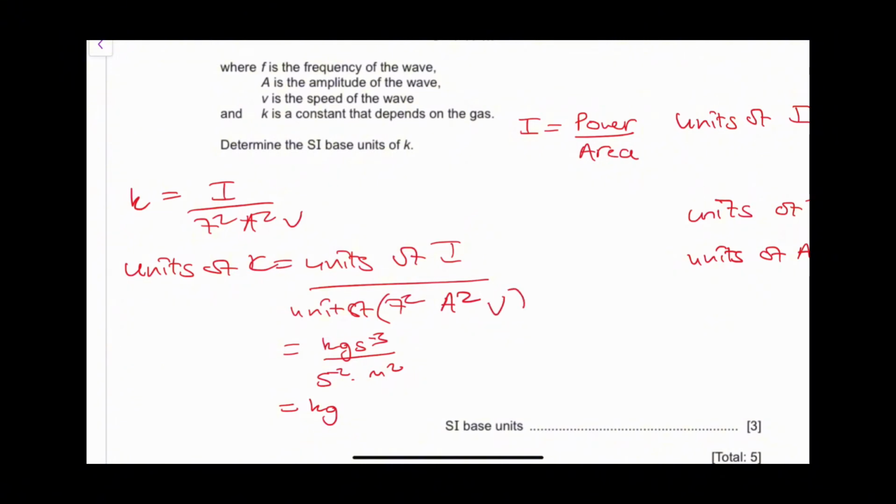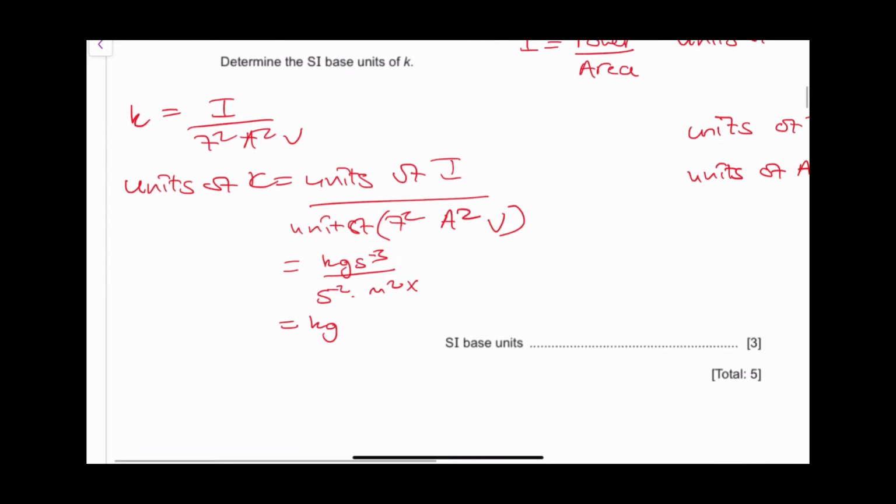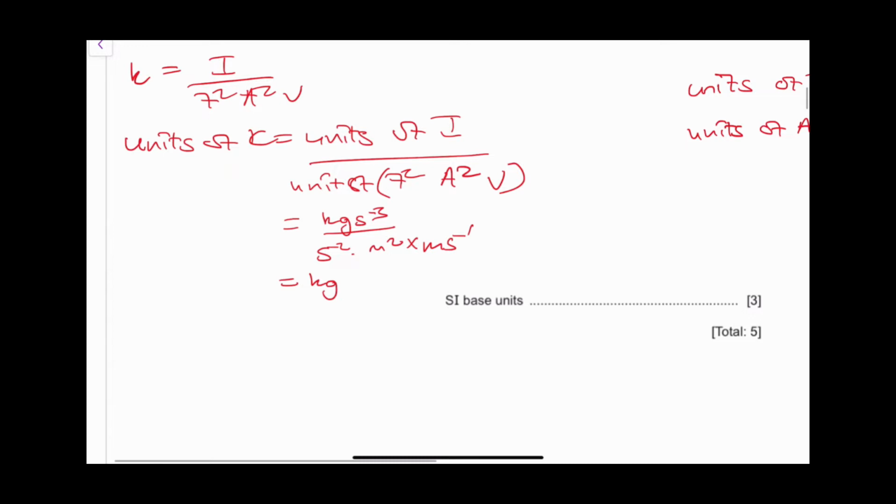And the units of velocity is m s to the power of -1, right? So this becomes kg s to the power of -3 plus 2 plus 1 m to the power of -3, right? So 2 plus 1, that's 3, and it's in indices, it's m to the power of -3. So this gives you a total of kg m to the power of -3.